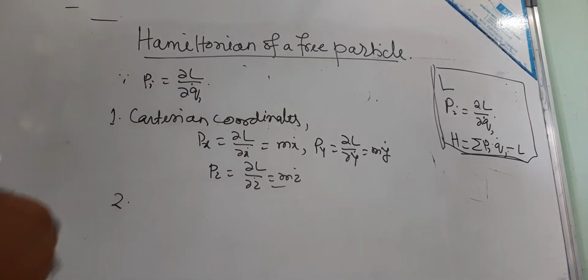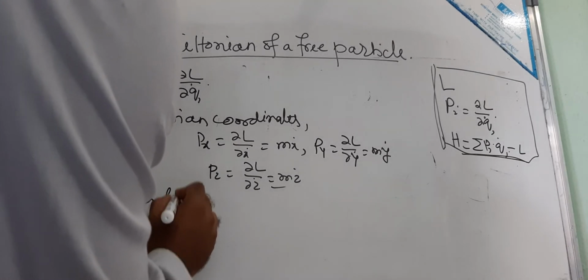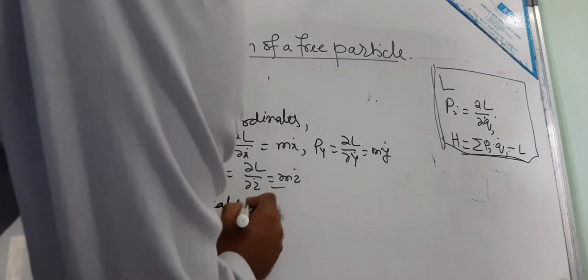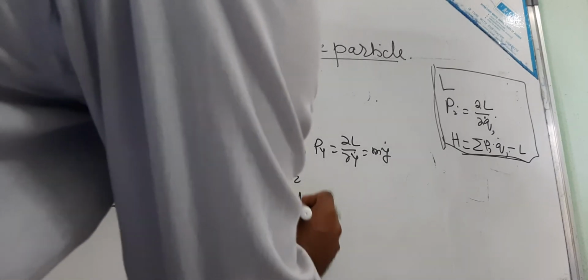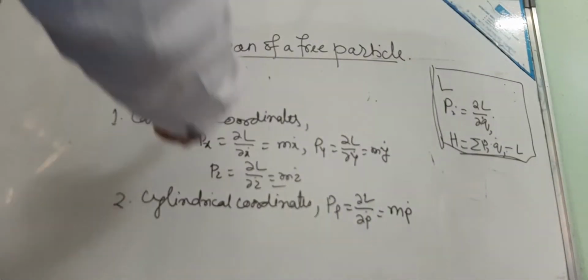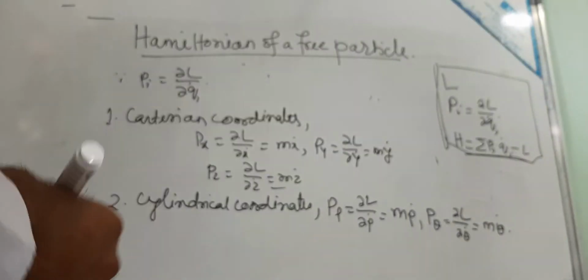Now in the cylindrical coordinates, P rho equals del L by del rho dot, which is m rho dot, because we have L. Similarly, P theta equals del L by del theta dot, which is m rho square theta dot.